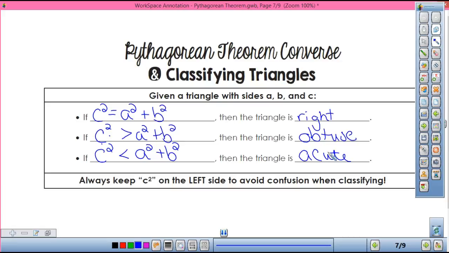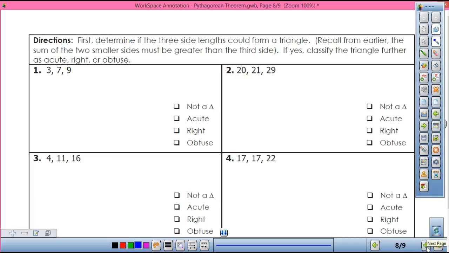Otherwise it's going to be confusing, oh my gosh, which one's which. Okay? How do you know which one's c? It's the biggest one. Okay? So, first of all, check to see if it's even possible to be a triangle. Does 3 plus 7, is it greater than 9? So we're good there. So it is a triangle. Okay, so now we have to check which one's my hypotenuse? 9. So we've got to check is 9 squared, and then a blank, 3 squared plus 7 squared.